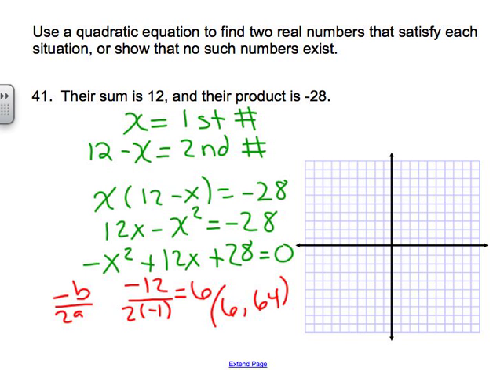Now, if I'm looking at my chart, I can even get by without graphing. We know that the y-intercept is going to be 28. If I plug in the 6, I'm at 64. If I plug in a 12, I'm at 28 because there's that symmetry going on.